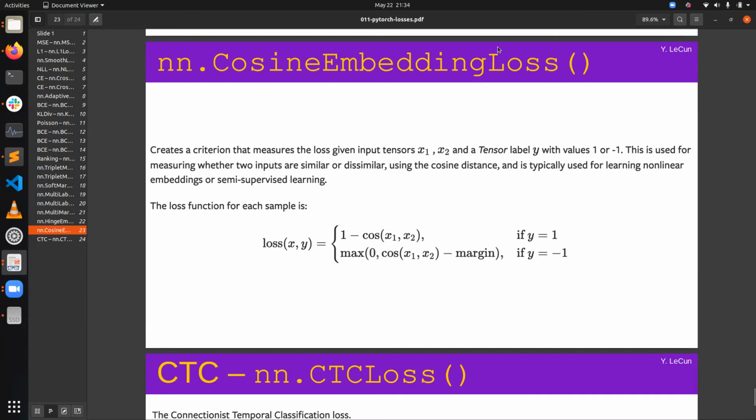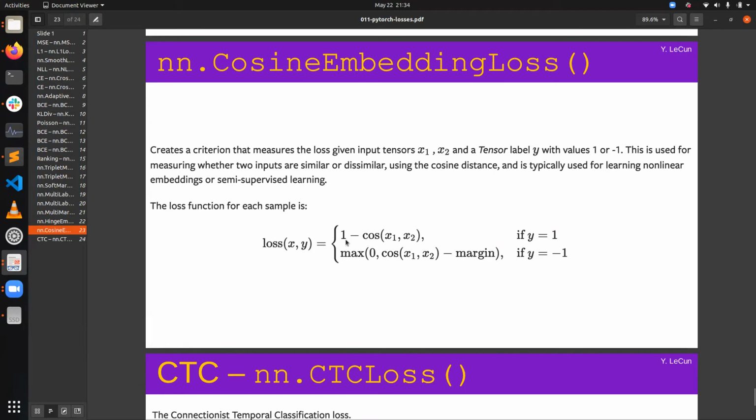So when you have really long vectors, the distance between them is just made artificially large. That is not what we want. What we want is to make the vectors point in different directions, right? So that is why we take cosine embedding loss as a measure of the distance between two vectors.